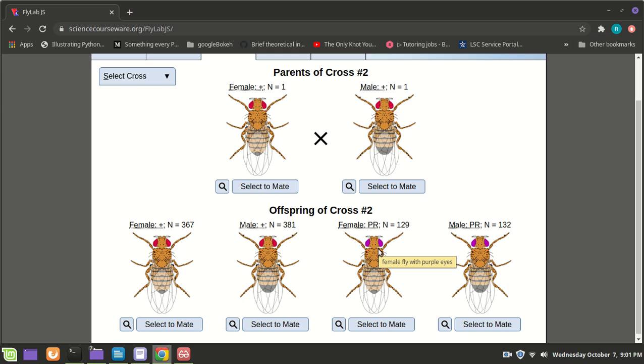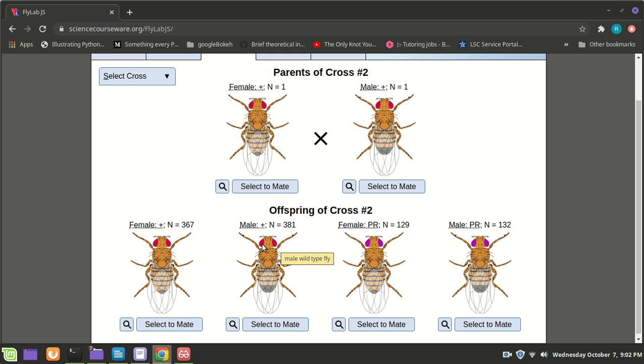What do we get? Well, we get about 129, 132, about the same over here, male and females. And what do we get over here? Well, we're getting 350 and 350, 700, to say 250, yeah, about 3 to 1. That would be because the dominant trait here is the normal eyes.